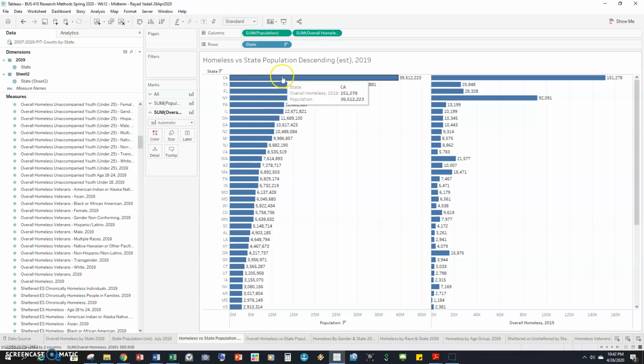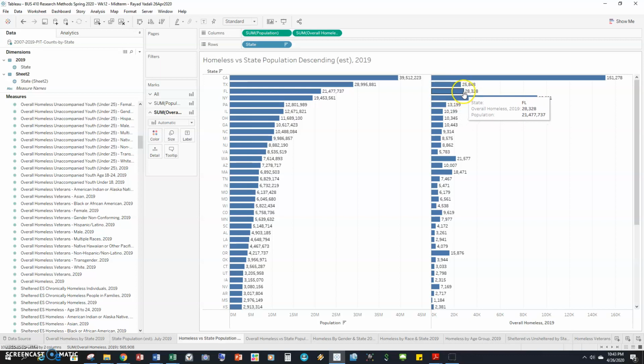Now, you would assume that the homeless population should corroborate somewhat to the state population, which doesn't actually work out because Texas and Florida, with the second and third highest population in the country, do not have corroborating homeless population.